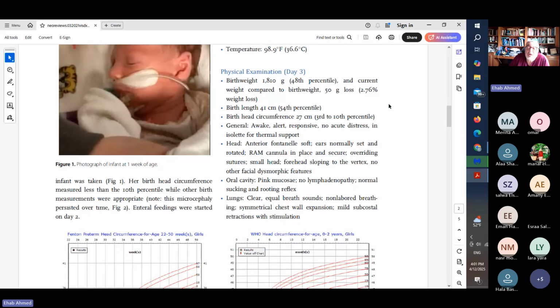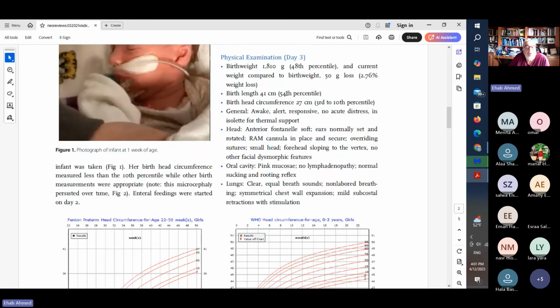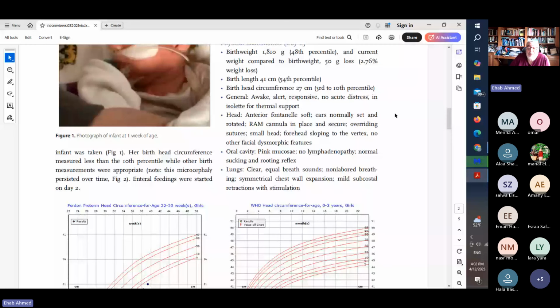Current weight compared to birth weight is a 50 gram loss, which is only 2.7%, which is okay. The birth length is also appropriate, but the problem was only in the head. The baby had respiratory distress that resolved, otherwise did not have any other problems. So this is the key for the diagnosis of this case.